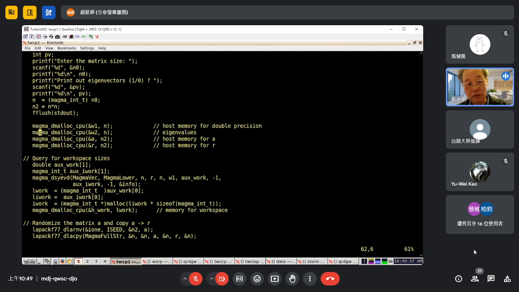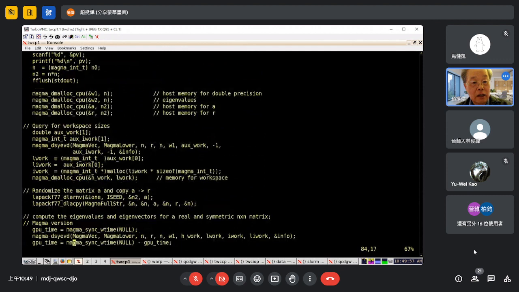You don't have to worry about how the data is transferred to the GPU. For example, this is the Magma call to get the working space size. Once you know the size of the matrix, you can know what the working space is.